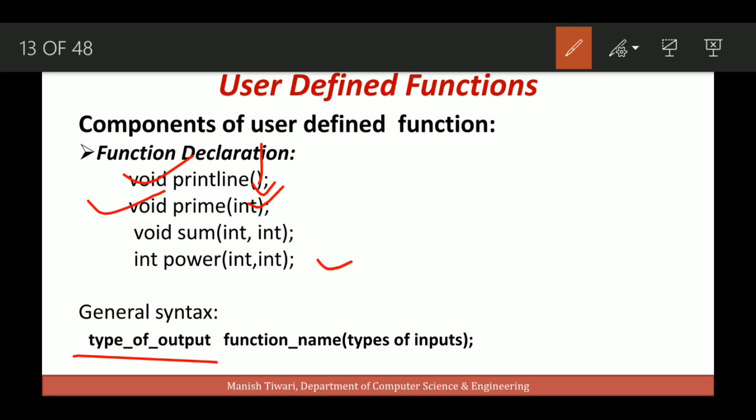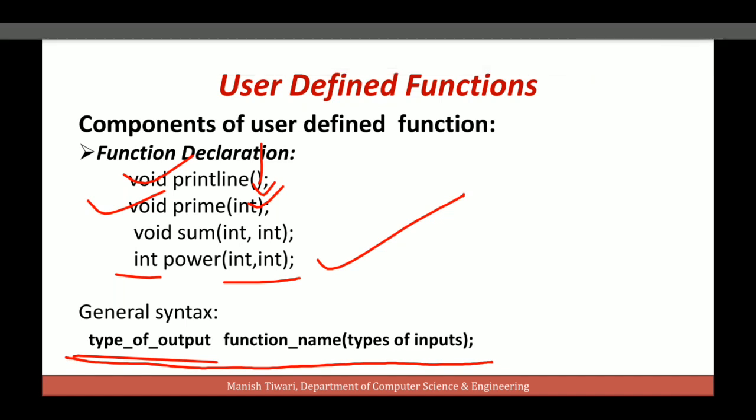Like in the sum function, two integers will be input, so the types of inputs will be written separated by commas. So the general syntax of any function declaration is this, and this function declaration is also called prototype declaration, function prototype declaration.